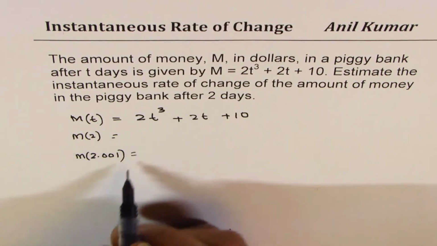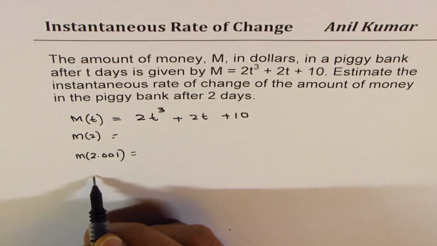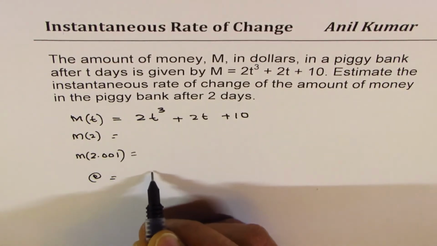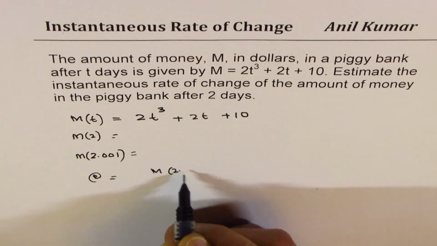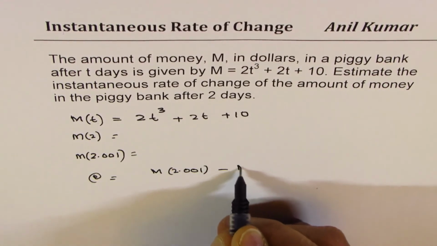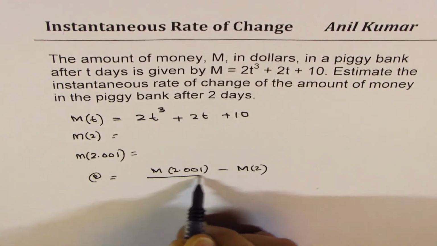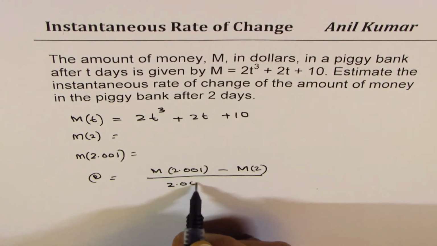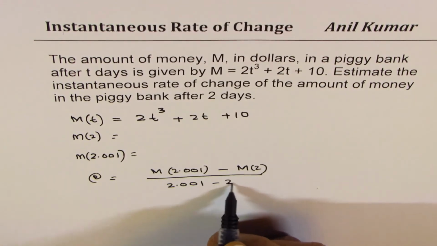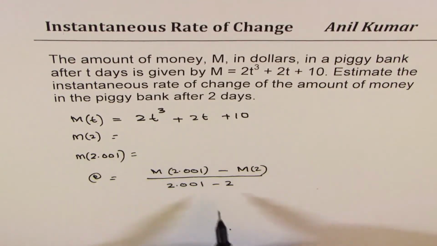And then we'll find the rate of change as M of 2.001 minus M of 2, divided by 2.001 minus 2. These are the steps, so you can actually pause the video and answer it now.